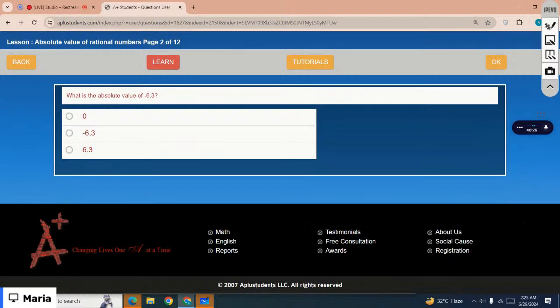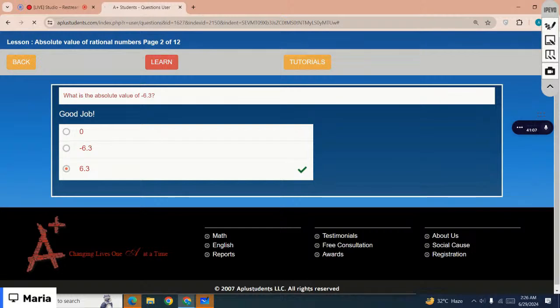What is the absolute value of negative 6.3, which is the correct option? The correct option is 6.3. The absolute value of a negative number is always a positive value. So absolute value means a positive value or zero.